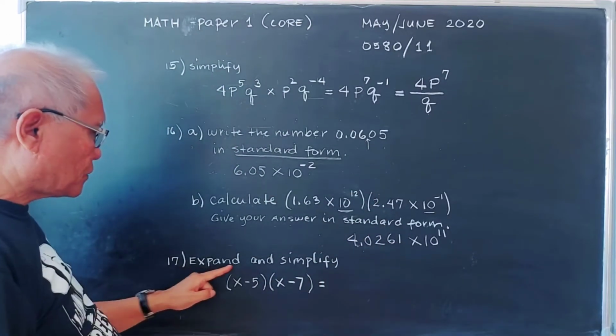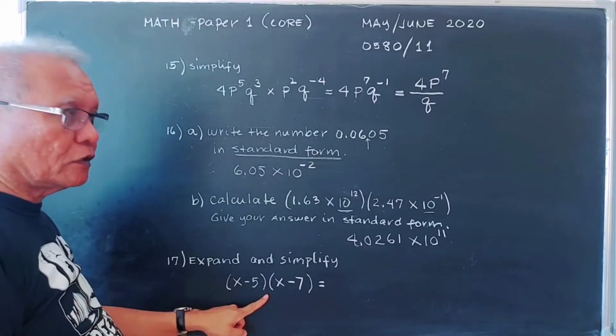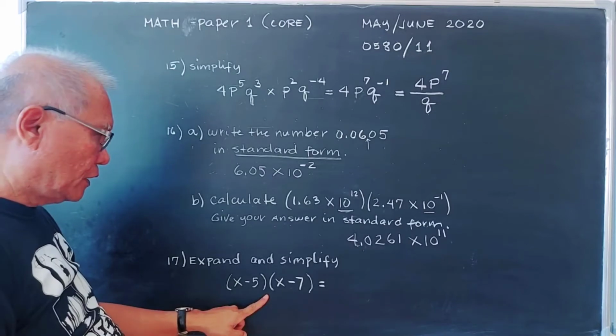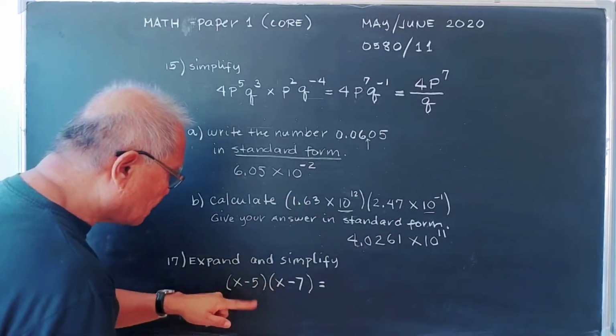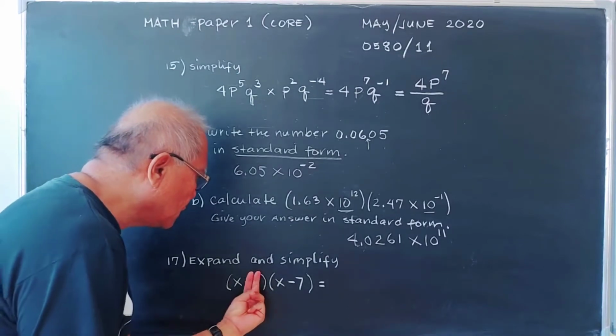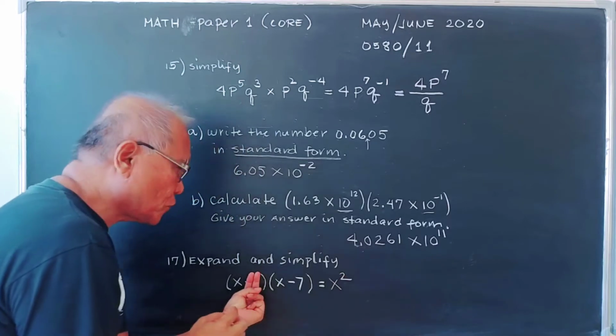Number 17, expand and simplify. We can use the double distributive property here, or we can use the FOIL method. Using the double distributive, first x times x is x squared.